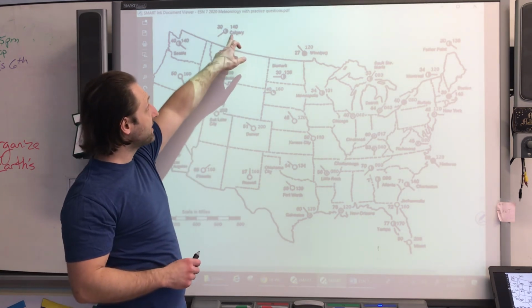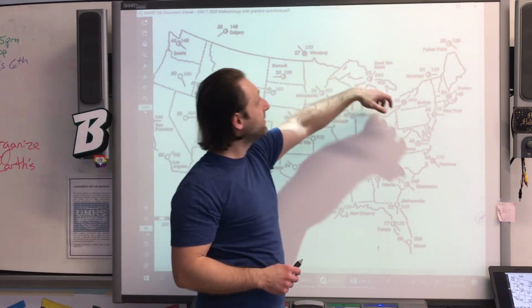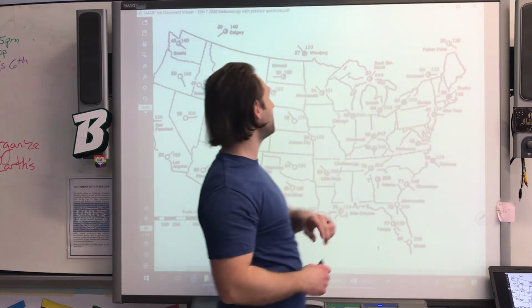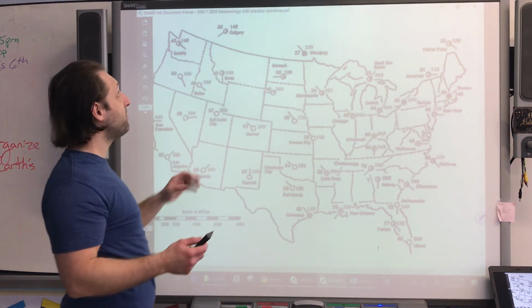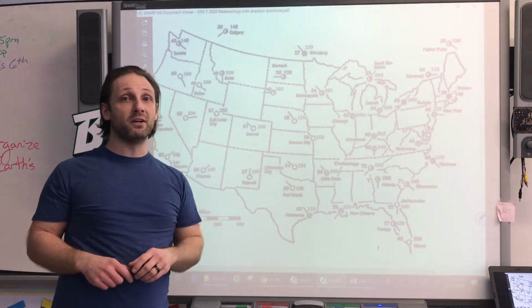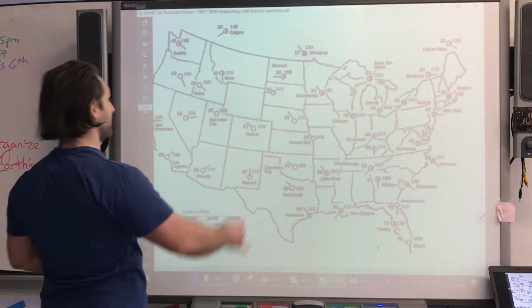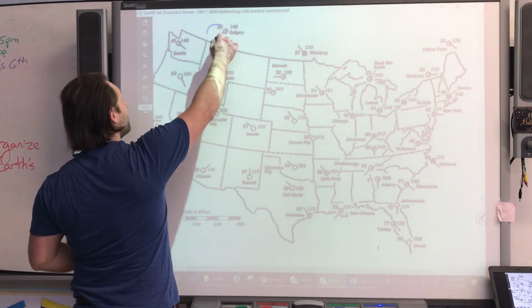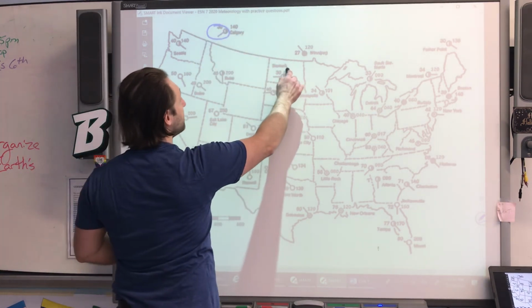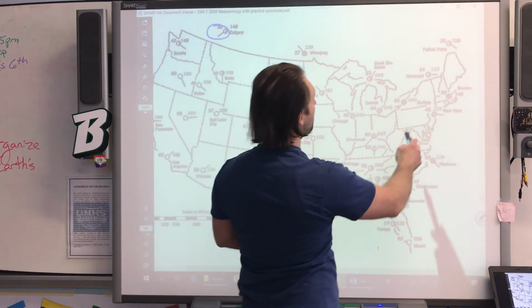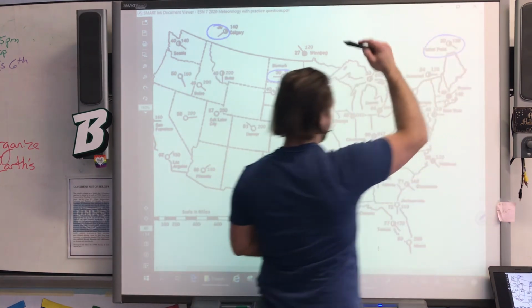Hard to read this. It says Calgary, Winnipeg. This is Father Point. What I find important is that the temperature is 30 degrees Fahrenheit. So 30 is easily divided by 10. So I'm going to circle my station models that I see with 30 degrees Fahrenheit.